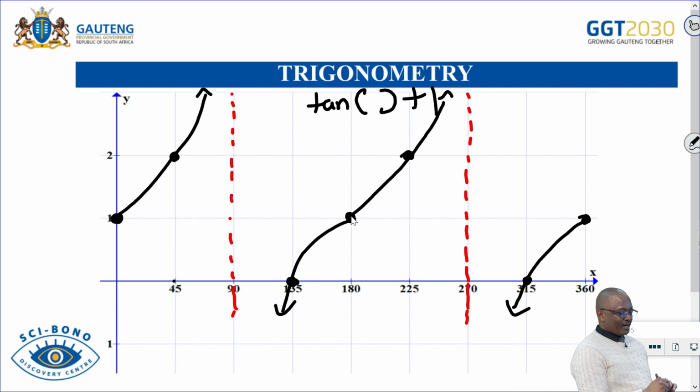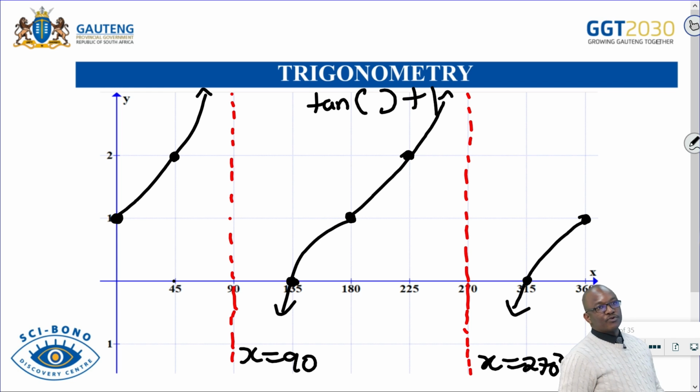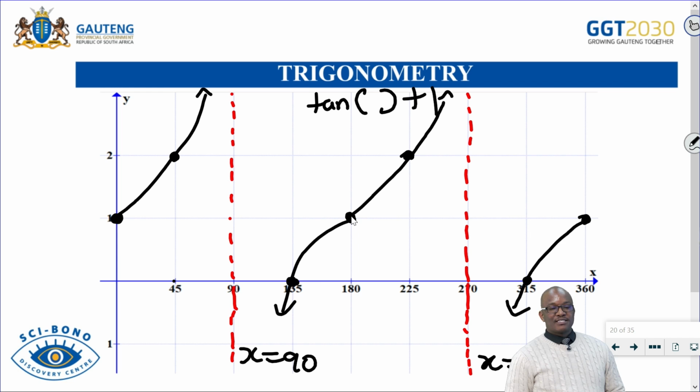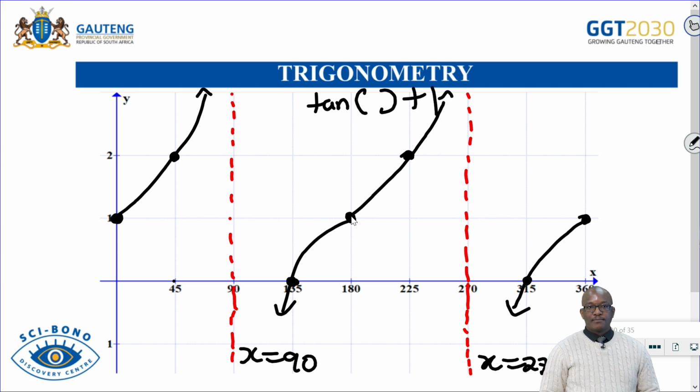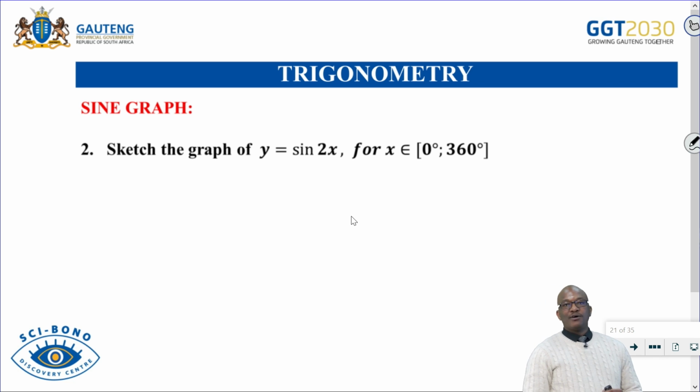So remember, this graph has the asymptotes. The equations are x is equal to 90 and x is equal to 270. So now you can see that the midline for that tan graph is starting at 1. It means it has moved 1 unit upward.